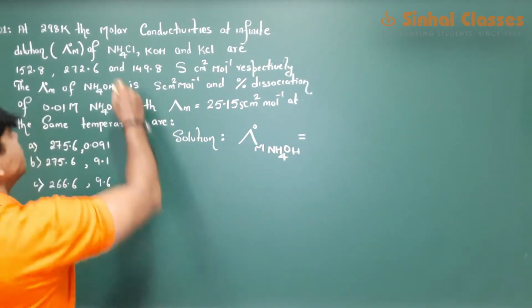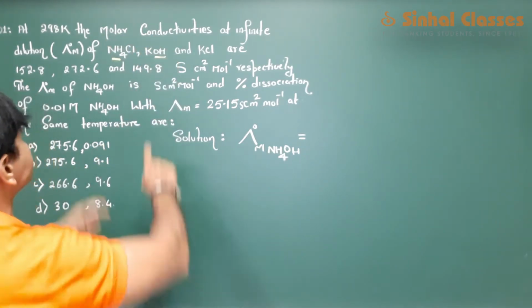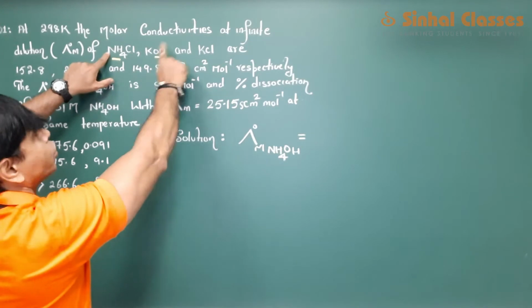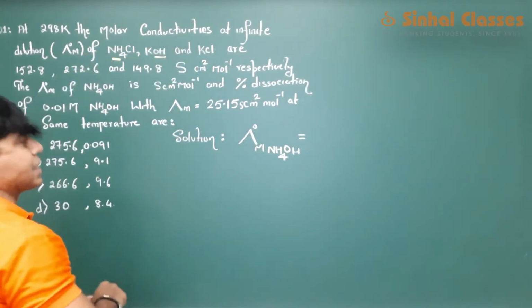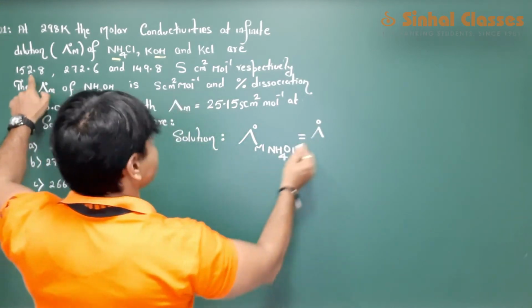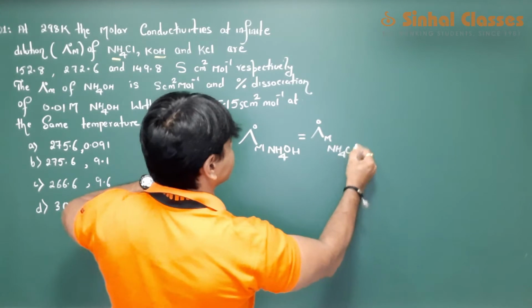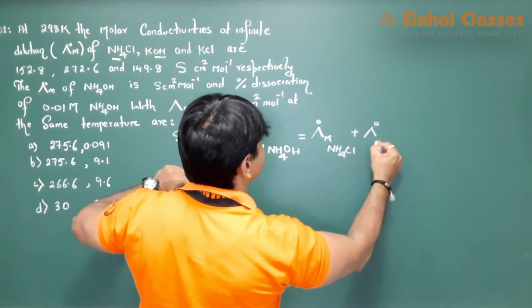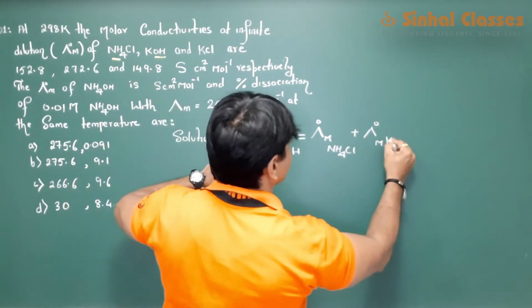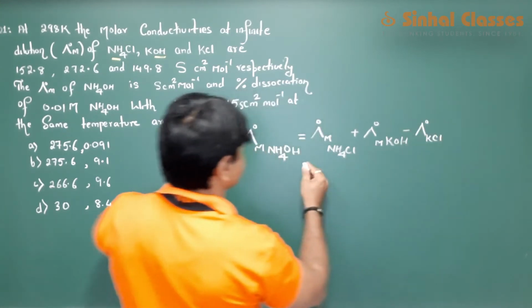So what you have to do is add the value of these two and subtract KCl. So you will add the maximum value for ammonium chloride along with KOH and subtract the value of KCl.